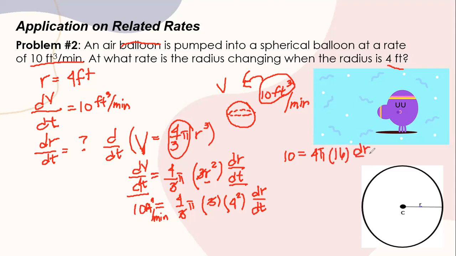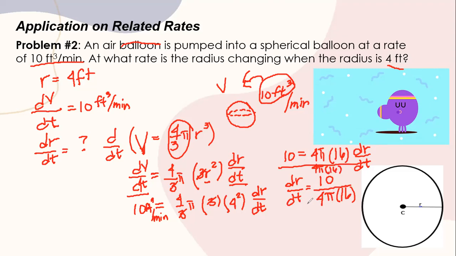dr over dt. Ayusin natin yung ating equation para ang matira ay dr over dt. Okay, lipat ko lang dito. Dr over dt is equal to 10. Okay, so yung kasama ni dr over dt of course is bababa sa denominator. So 4 pi over 16. Okay, so guys, din-divide lang sa 4 pi times 16.